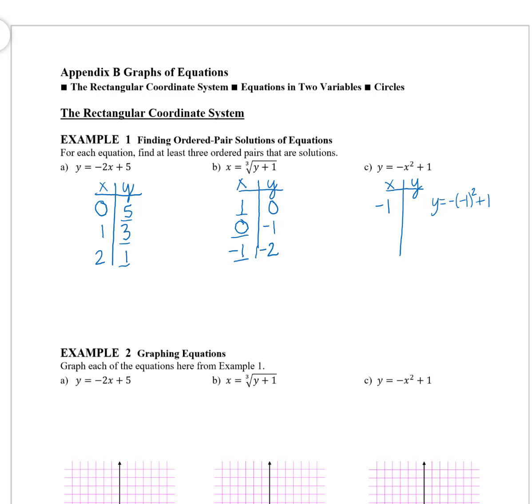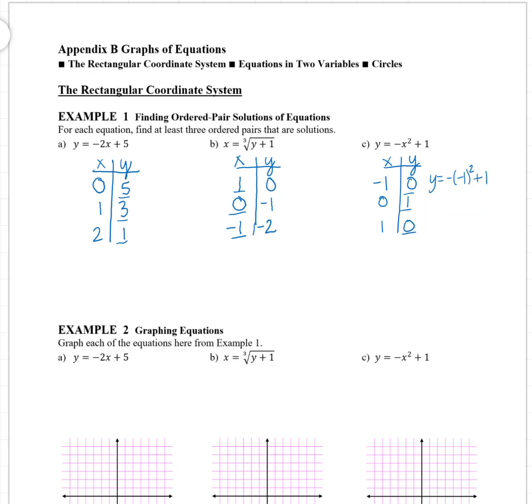Do you see how negative 1 squared is 1? So we have negative 1 plus 1, which is 0. And if x is 0, if we square 0, we get 0, so y is 1. And if x is 1, then negative 1 squared is negative 1 plus 1 is 0. And so we have 3 ordered pairs that are solutions for that equation.